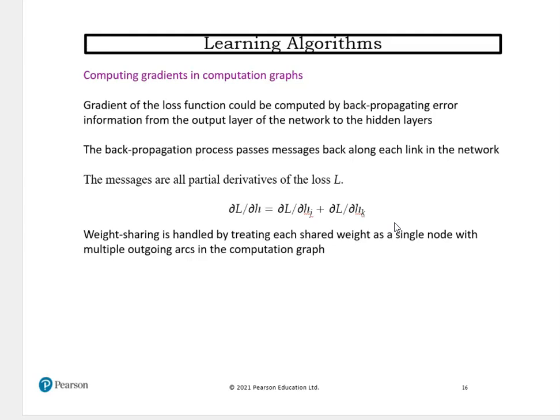So the node H can compute the derivative of L with respect to H by using a sum of all the information coming to it from J and K. Now to compute the outgoing message to the previous layer, we are going to use the chain rule like we discussed earlier and say partial L partial FH is partial L partial H times partial H partial FH.